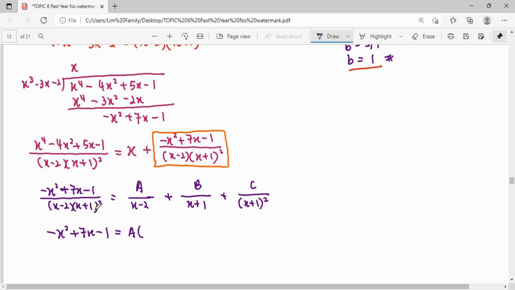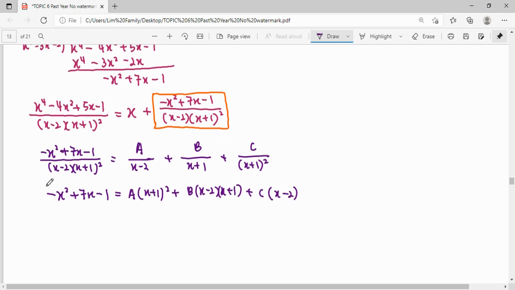So this is our partial fractions. We can see the complete fraction here, it need to time with x plus 1 square. For the b part, they need to time with x minus 2 and then another factor x plus 1. For c, it will time with x minus 2. Then we're going to use this equation to solve our ABC.